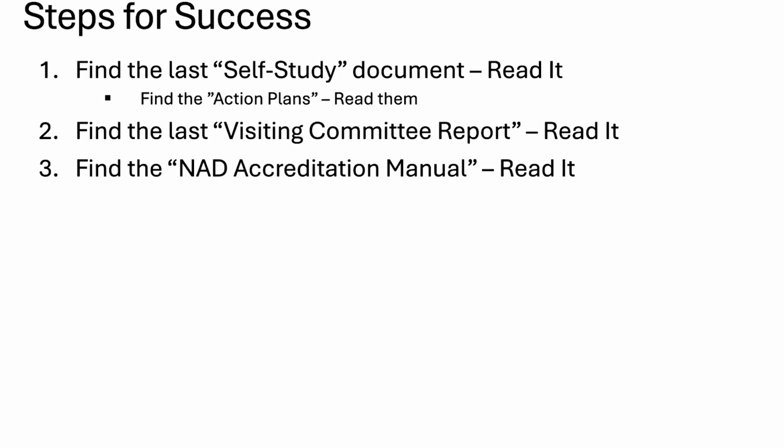The thing is, it doesn't take that long to read. It might take an hour and a half, at most 2 hours, because there's a lot of white space in it. That accreditation manual overviews the entire process and helps you understand where you are at any given time in the process, what your responsibilities are, et cetera. It is a wonderful manual.